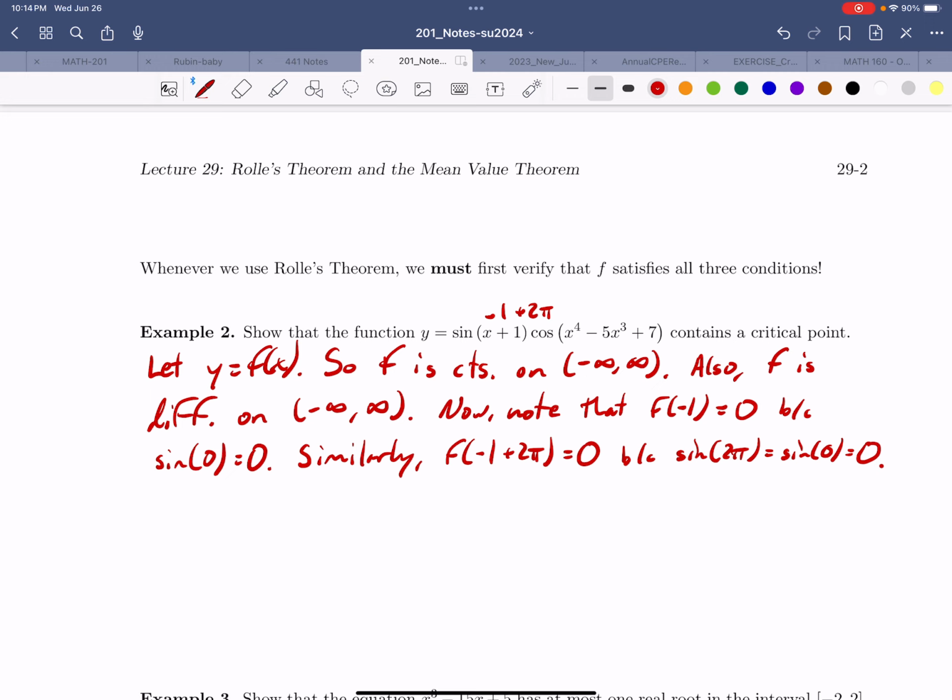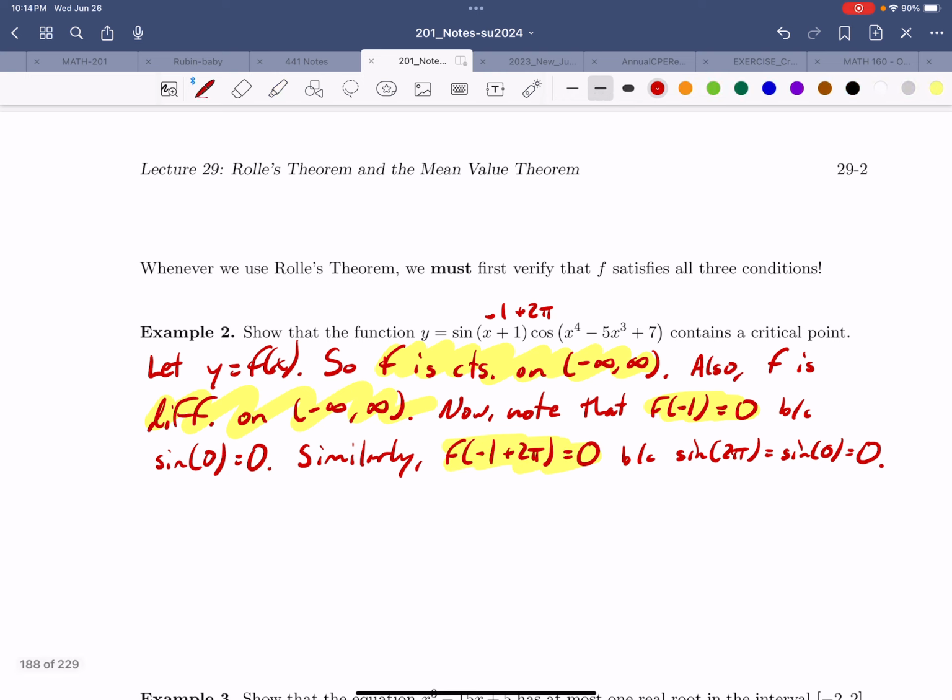Okay? Well, how is this helping us? Well, we've shown that f is continuous everywhere. It's differentiable everywhere. And now we've shown that f of negative 1 equals f of negative 1 plus 2 pi.